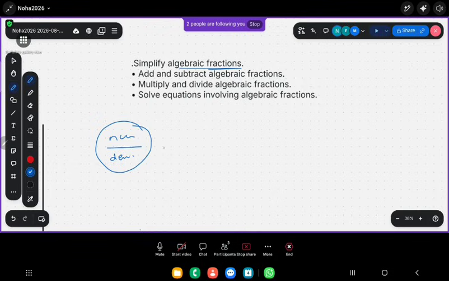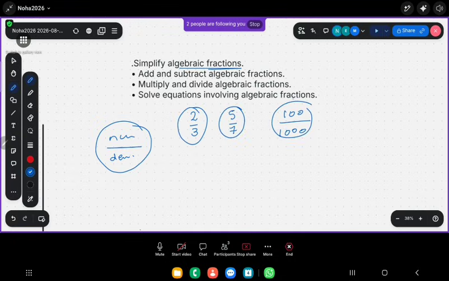So in an algebraic fraction, what we will see in the numerator or denominator is an algebraic expression. Before, we saw 2 over 3, or 5 over 7, or 100 over 1000, all of them ordinary fractions, right? But today we are going to talk about the algebraic fraction. What's the meaning of algebraic fraction?